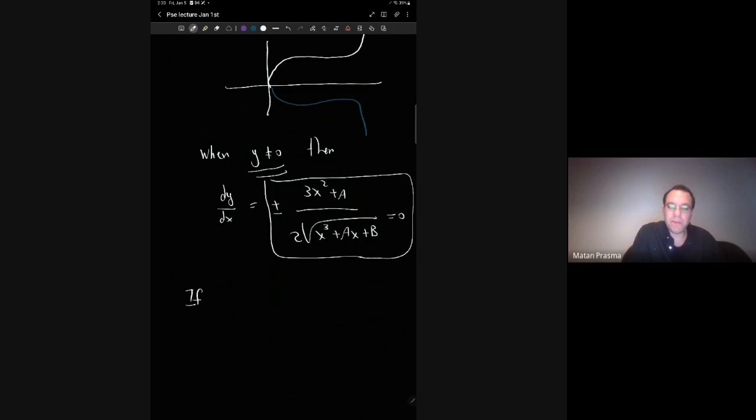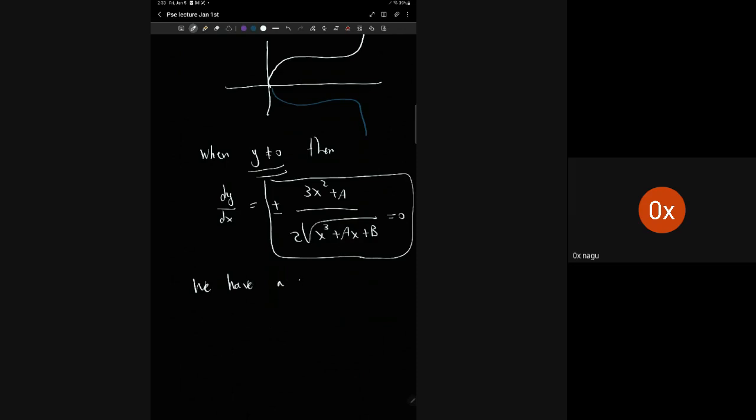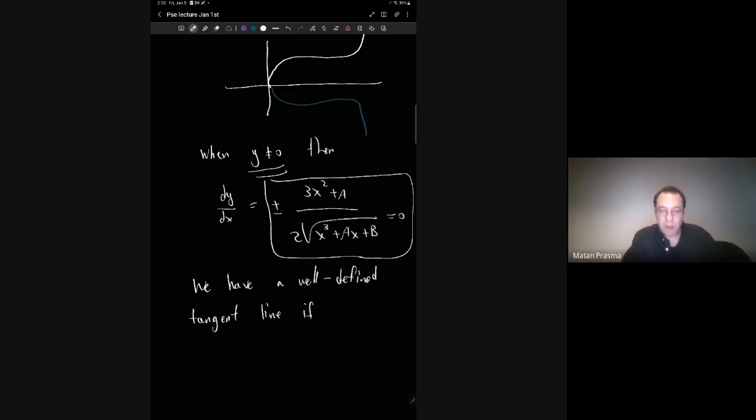In order to have a well-defined tangent line, I need that x cubed plus ax plus b is bigger than 0.